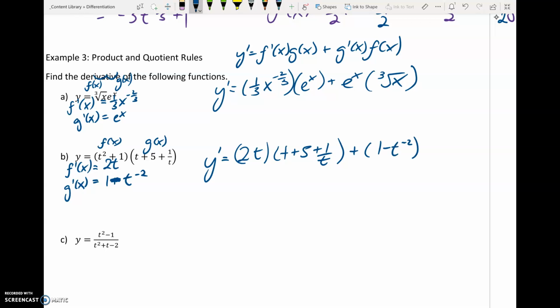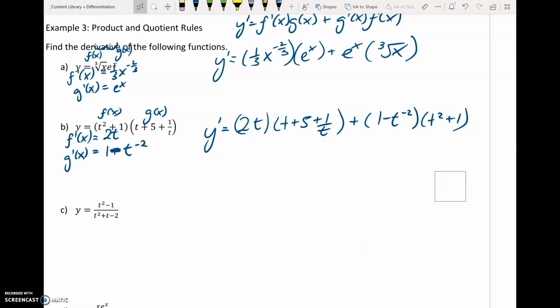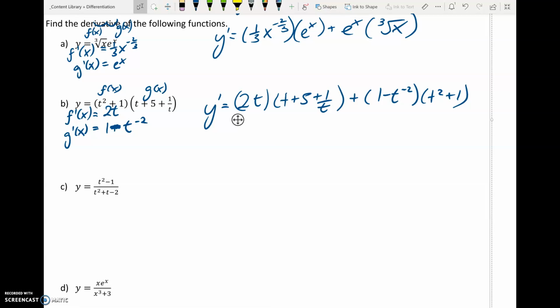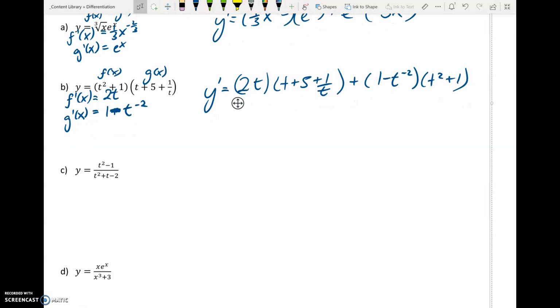And then f of x is t squared plus 1. Again, I would leave this as is just so you don't make any algebraic mistakes. You don't need to simplify unless the question states you to simplify, and most of the time I won't unless I need a numerical value out of the derivative.